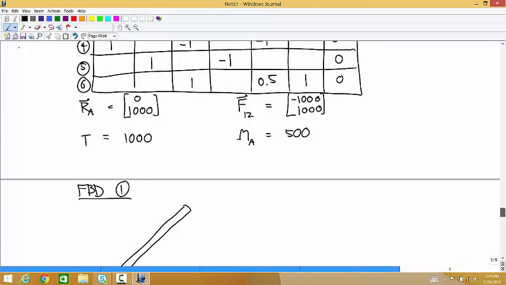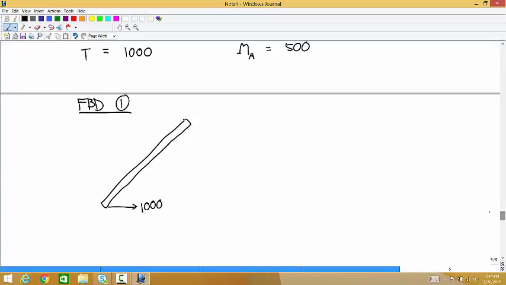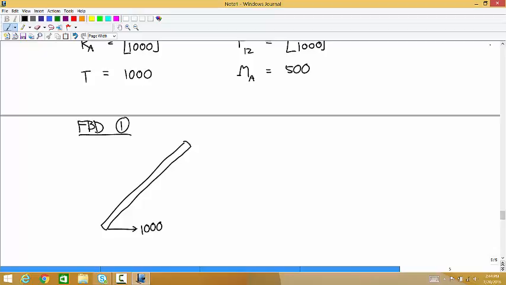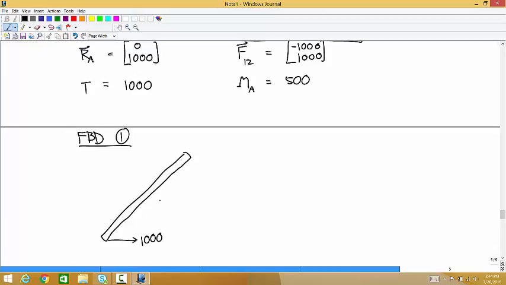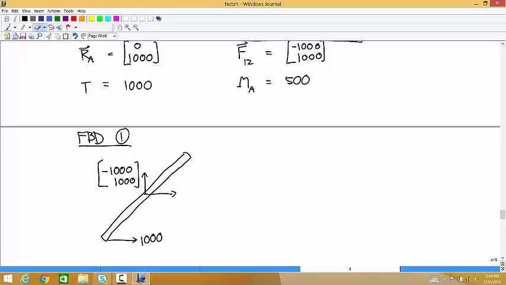We have a force at the midpoint of negative 1,000, positive 1,000. And then a 1,000 Newton force acting down like that.